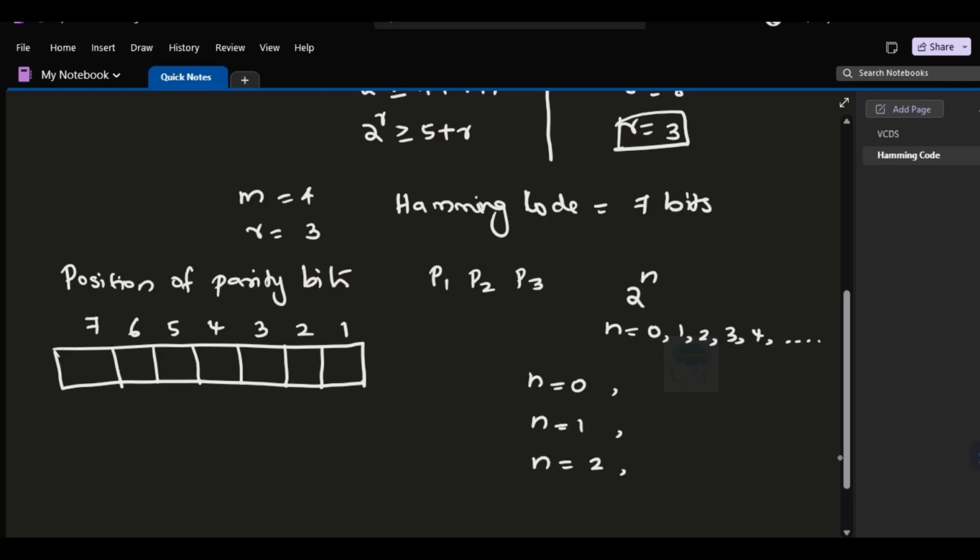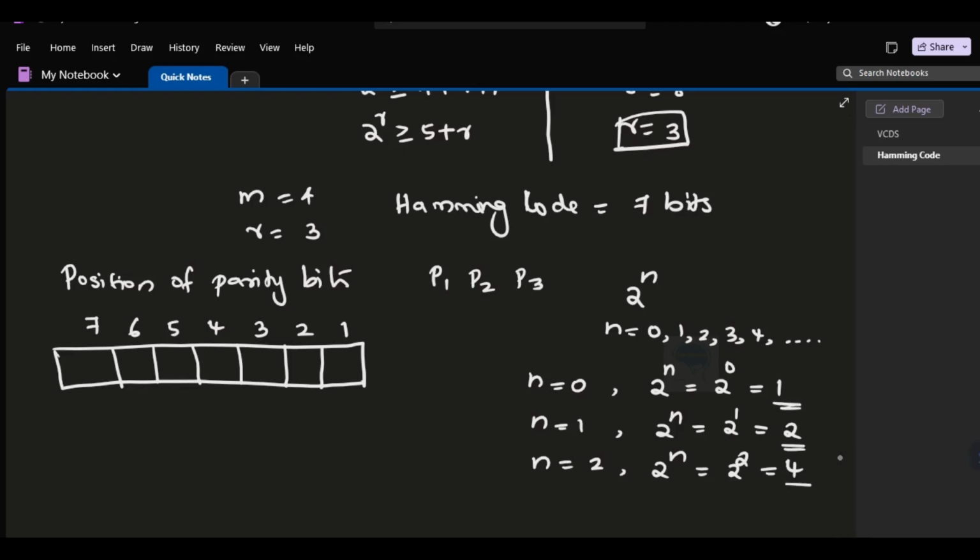These are the 3 n values we choose for finding the positions of the parity bits. 2 power 0 is equal to 1. 2 power 1 is equal to 2. 2 power 2 is equal to 4. So 1, 2 and 4 are the positions of our parity bits.